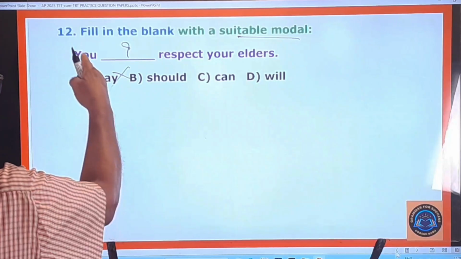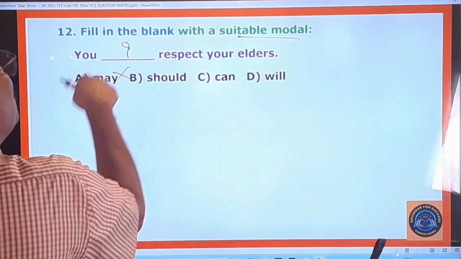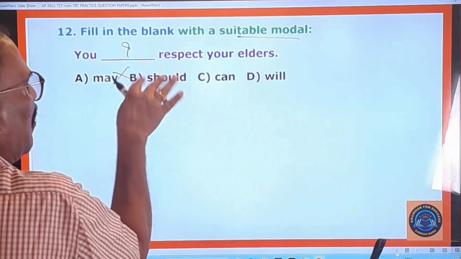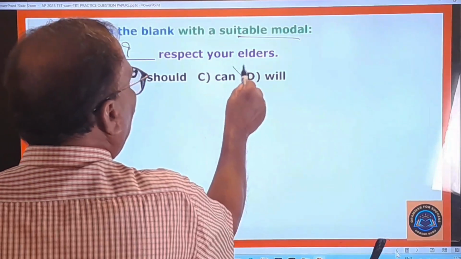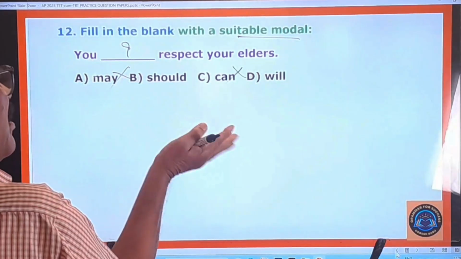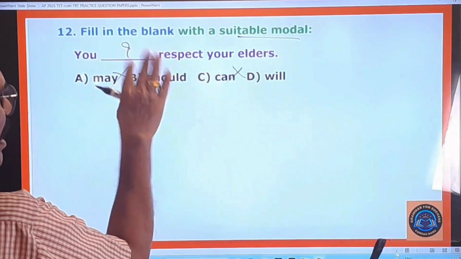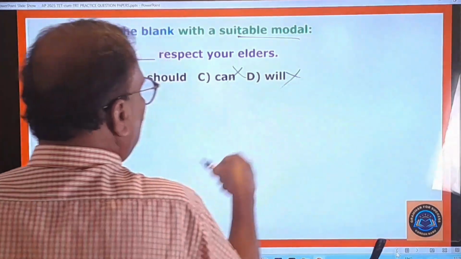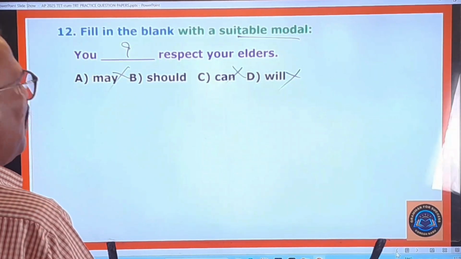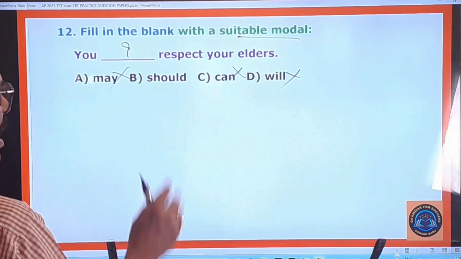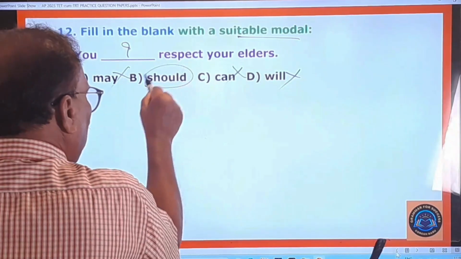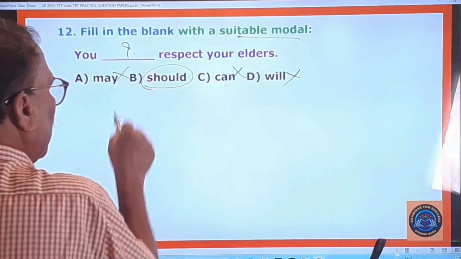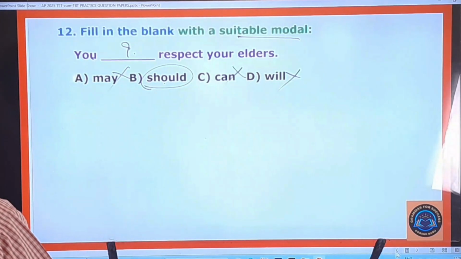In Telugu, మీరు పెద్దలను గౌరవించవచ్చు. May means that kind of meaning it conveys. You can also, మీరు పెద్దలను గౌరవించగలరు. Some meaning it conveys. Will means you will respect your elders, మీరు పెద్దలను గౌరవిస్తారు, something like that. But here this should is there. Whenever you use this should, it is a beautiful modal auxiliary.